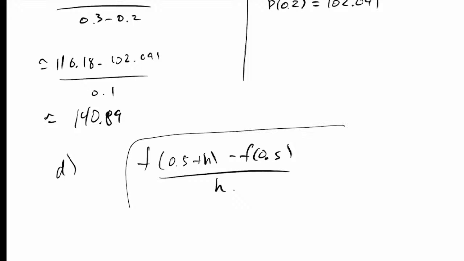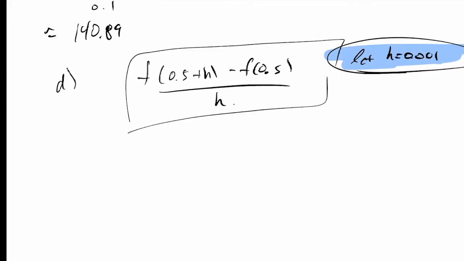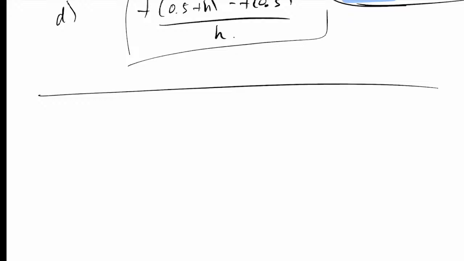Yeah, you would just do this formula, and let H be something like a fairly small value. You'll see this tomorrow on the exam, I'm sure. Okay, so C and D are done. Hyatt, could we look at this one here? Oh, you're going through old test questions, I see.